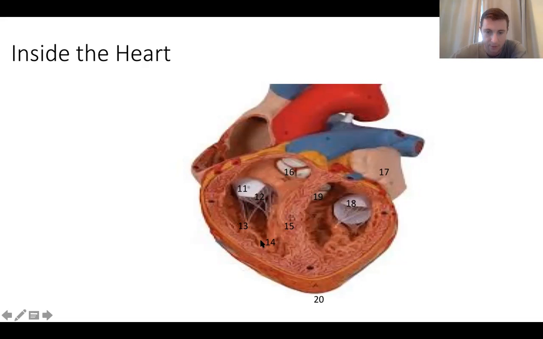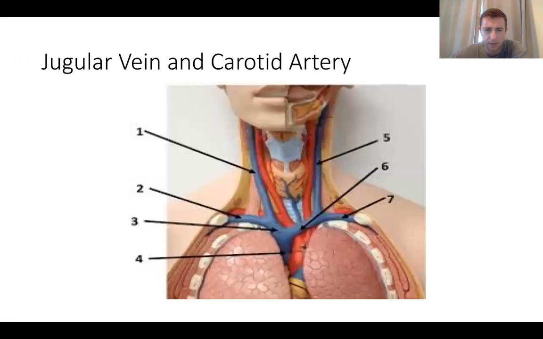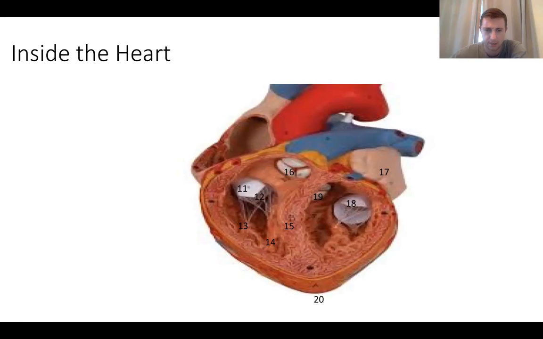The papillary muscles are connected by this really rigid structure in here. I mean, the whole heart is a muscle, but this labeled structure right here, 14, is the trabeculae carneae.